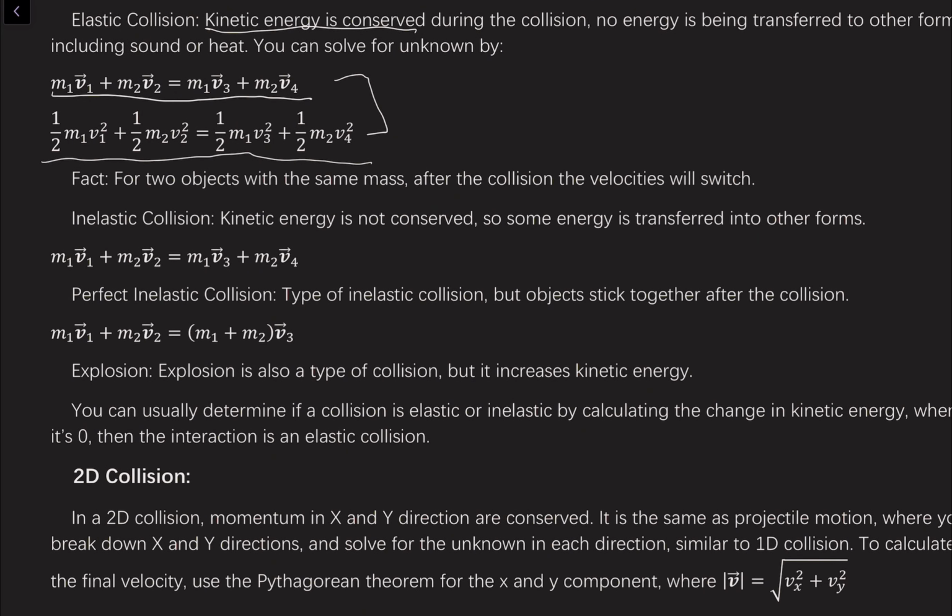If two objects have the same mass, they will actually switch velocities. For example, if mass 1 and mass 2 have initial velocities, let's say v1 equals 1 and v2 equals 2, then v1f equals 2 and v2f equals 1 in an elastic collision.